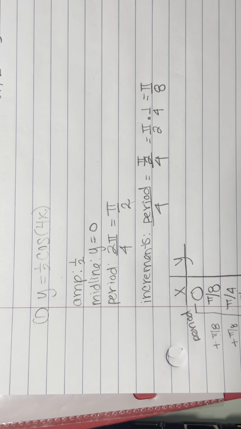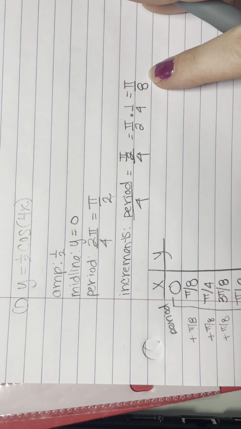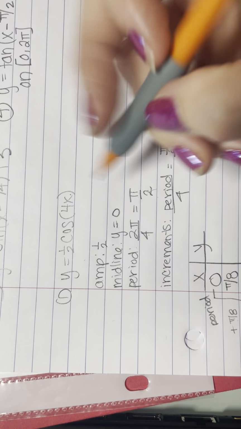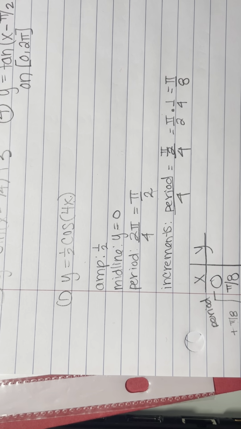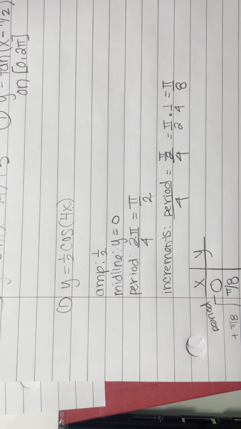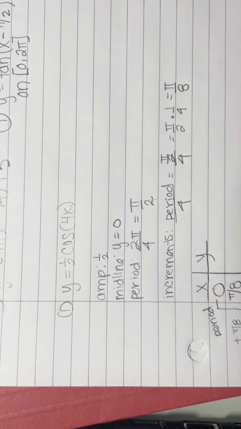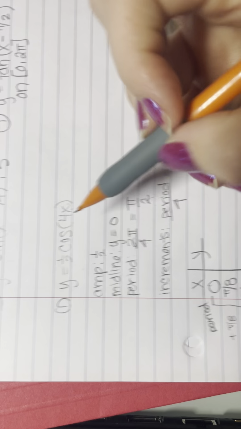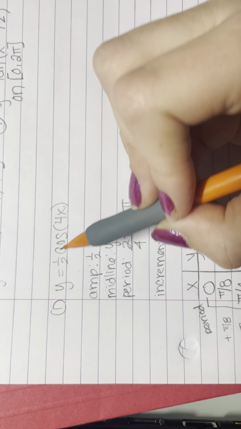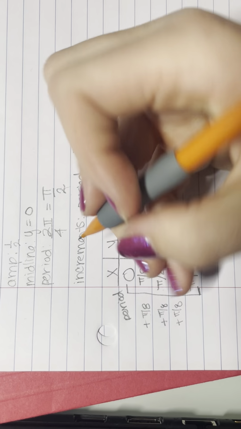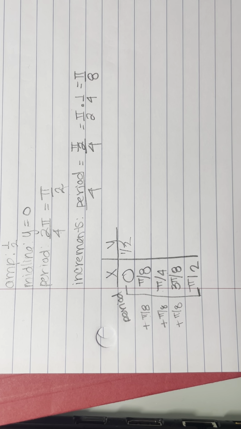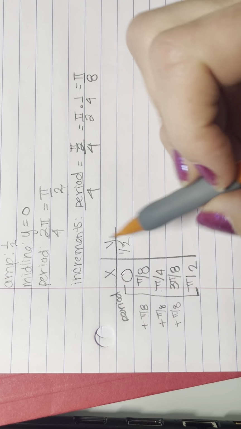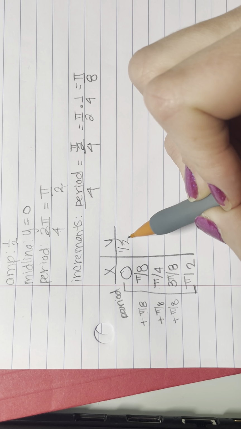So if I plug in 0, if you need your unit circle, get your unit circle. Cosine of 0 is 1. So 1/2 times 1 is going to be 1/2. All right, well then, so I know at the y-axis I'm up at positive 1/2.